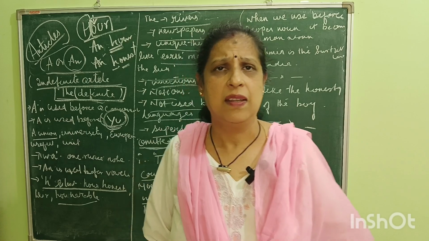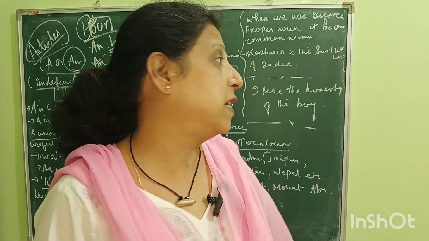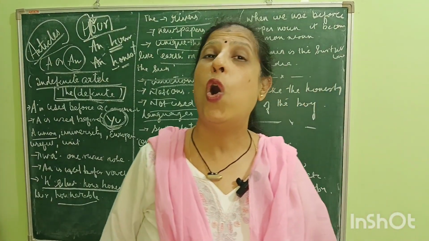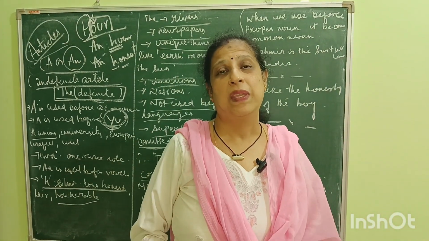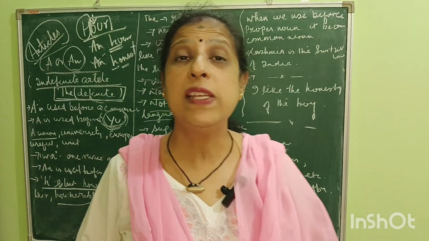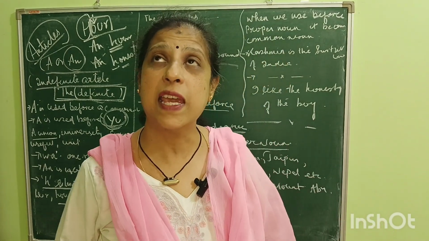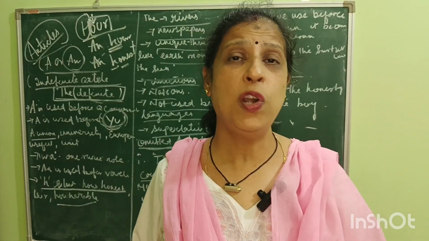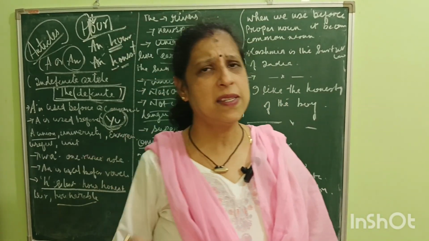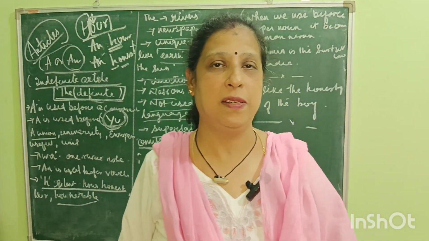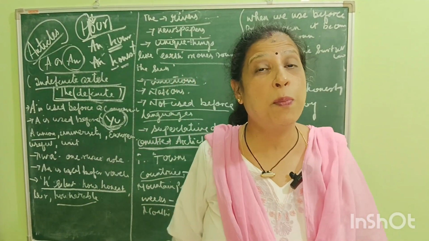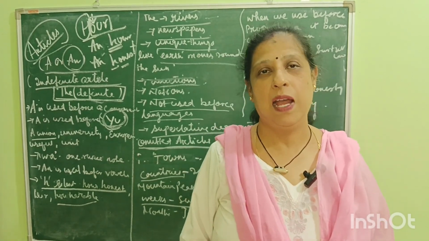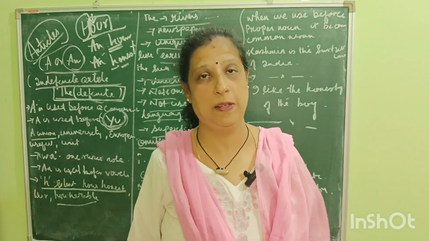It's the Switzerland of India. And sometimes I can say, I like the honesty of the boy. In this case, also I can use the before honesty because it is a quality of a person. The boy has got that quality. So I can use the article the.